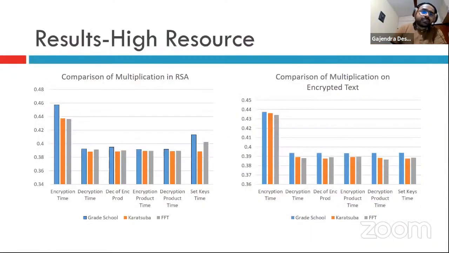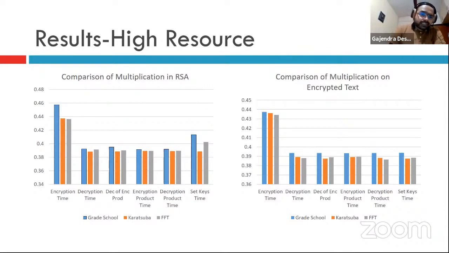Now these are the results which we had got on high resource devices like a laptop with standard i3 or i5 processors. You can see here the first graph shows the multiplication operation in the RSA algorithm with the standard methods, and on the right hand side you can see the multiplication operation on encrypted text.